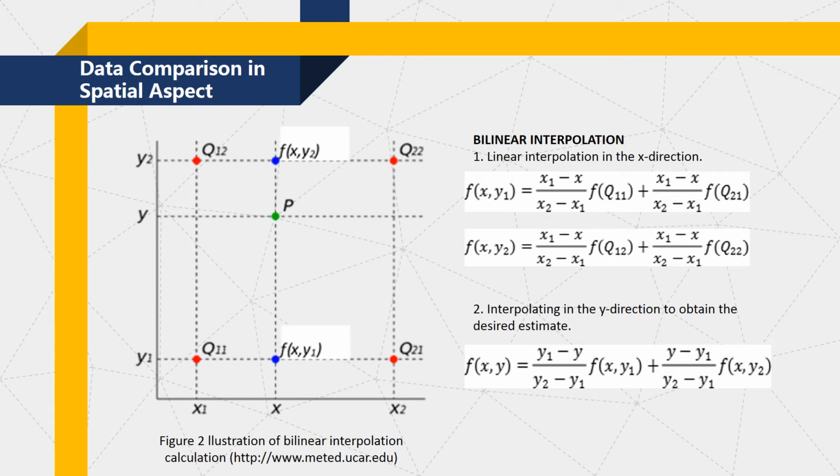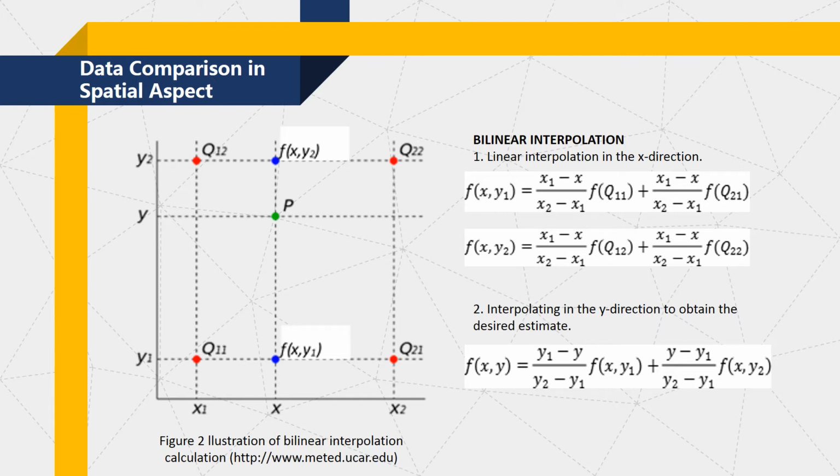It is about bilinear interpolation. If we want to extract data in one grid or one domain, we want to extract the green dot, that is P, or let's say it is model data that we want to verify.